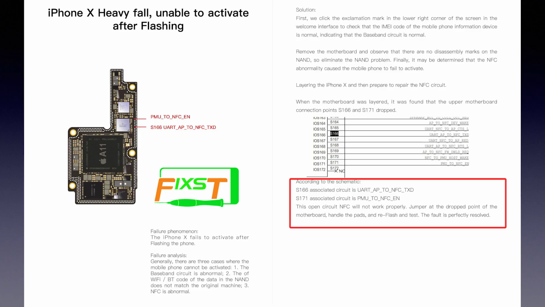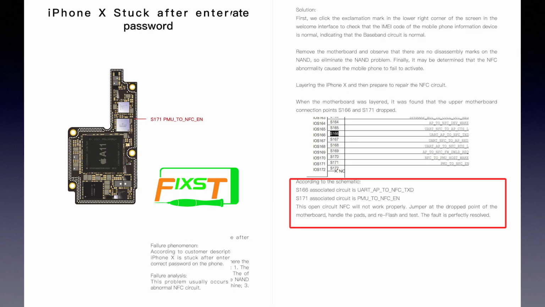S171 associated circuit is PMU to NFC EN. This open circuit means NFC will not work properly. Jumper at the drop points of the motherboard. Handle the pass and refresh and test. The fault is perfectly solved.